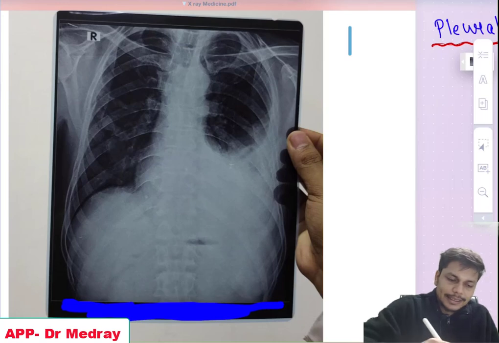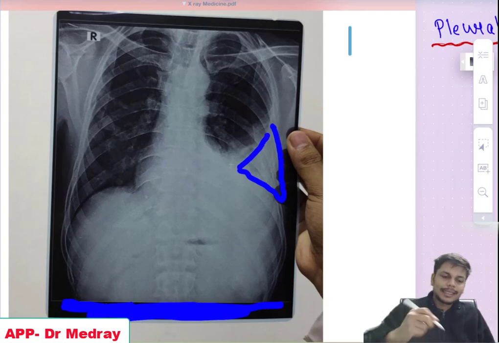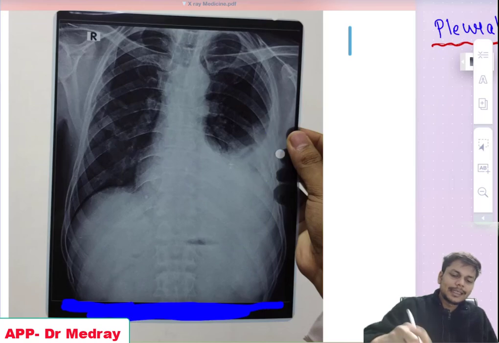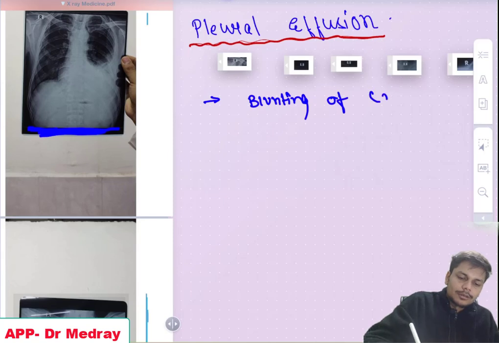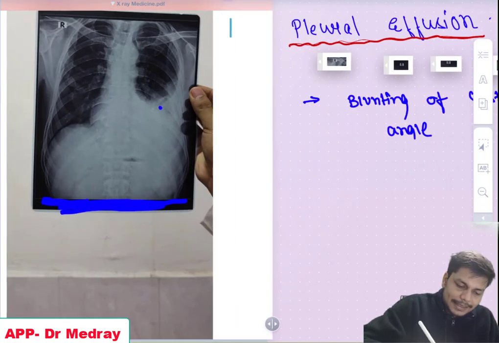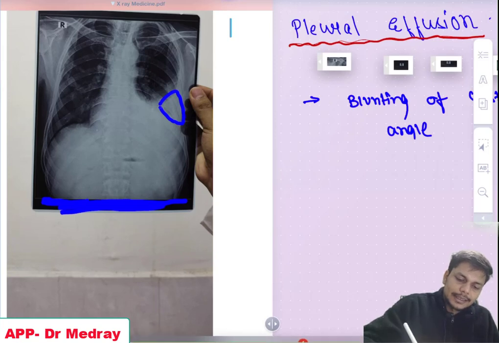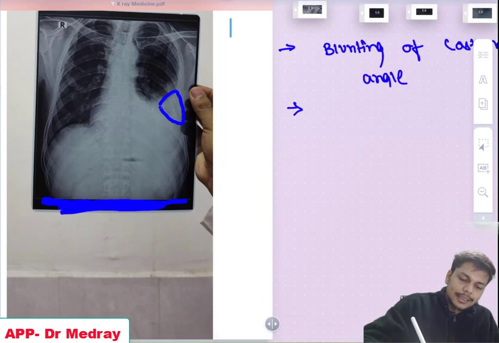But here can you see that this angle on the left side is white, so there is blunting of the costophrenic angle on the left side. So if the patient of pleural effusion is having blunting of the costophrenic angle, there is a homogeneous opacity.